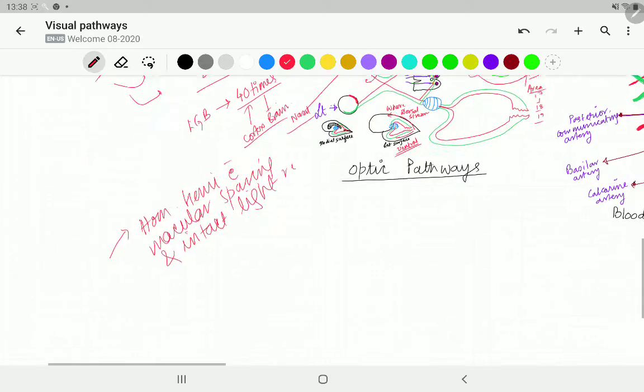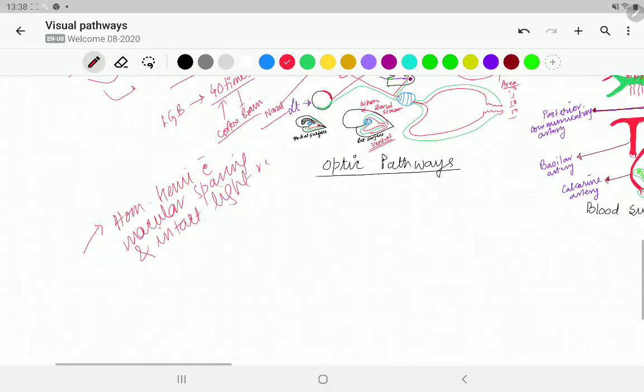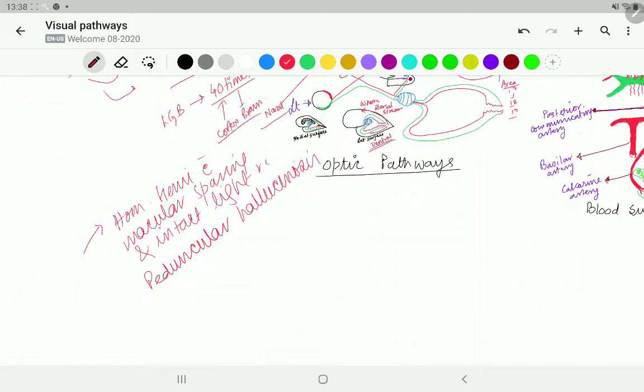That's one. And sometimes, along with that, you can get peduncular hallucinosis, where you get hallucination of brightly colored objects.